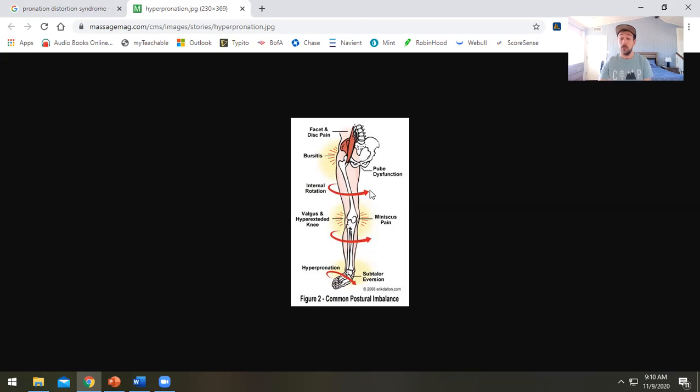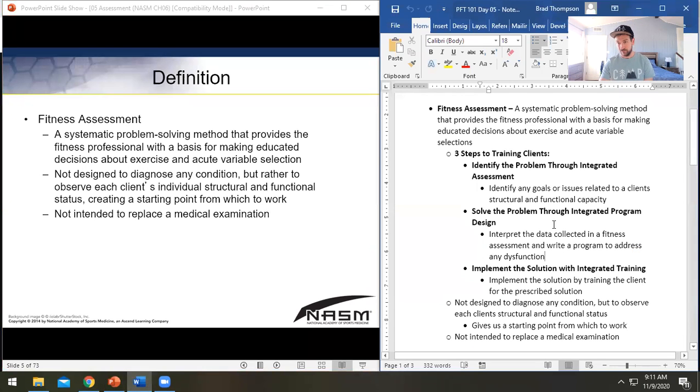So what do I need to do? I need to write a program that everts the foot, externally rotates the tibia, and externally rotates the femur. I need to write a program that does the opposite of all of these things. If I put it all on a piece of paper, write out that program and give it to my client, I've now solved the problem.